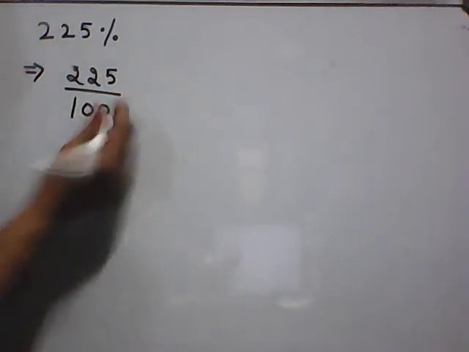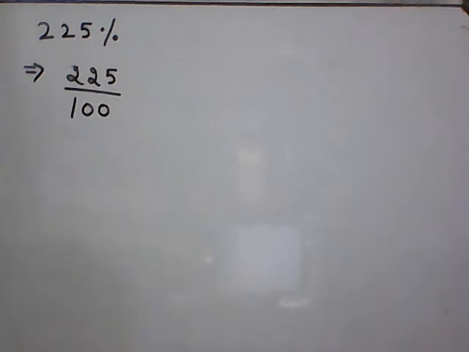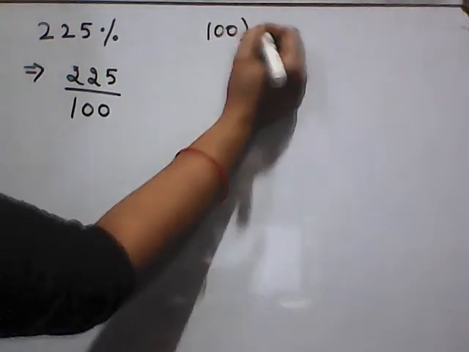Just divide the number by 100 and remove the percentage symbol. Now it is 225 divided by 100. It is not in simplest form. How can we convert a fraction into simplest form? Divide the numerator and the denominator by their HCF. Firstly, you have to find the HCF of 225 and 100.